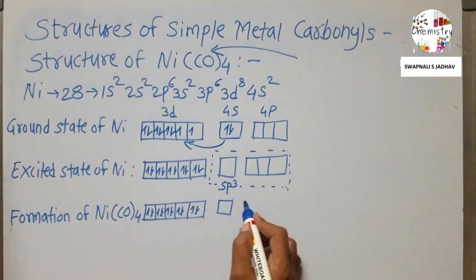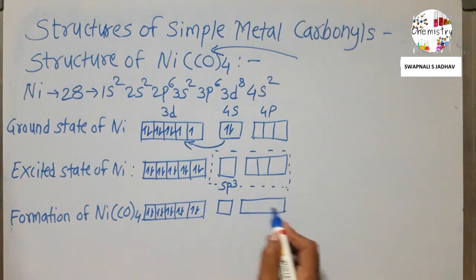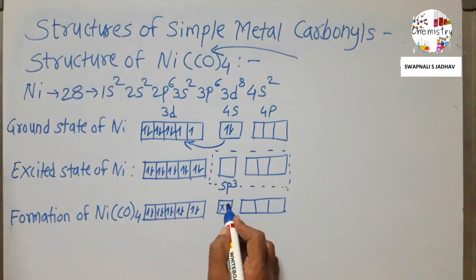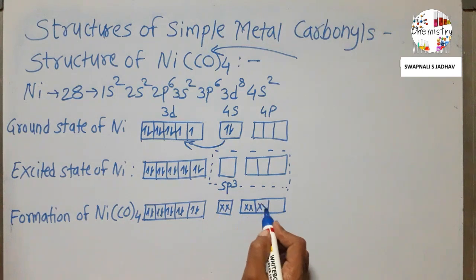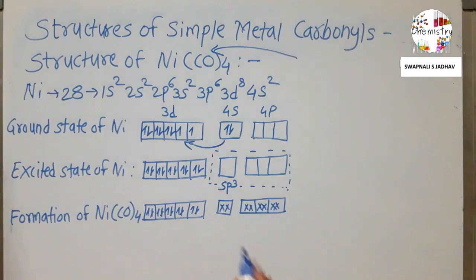So here 4 carbonyl groups donate the electrons. There is formation of NiCO4. So as the type of hybridization is sp3, therefore the structure of NiCO4 is tetrahedral. Hybridization is sp3, therefore structure is tetrahedral.